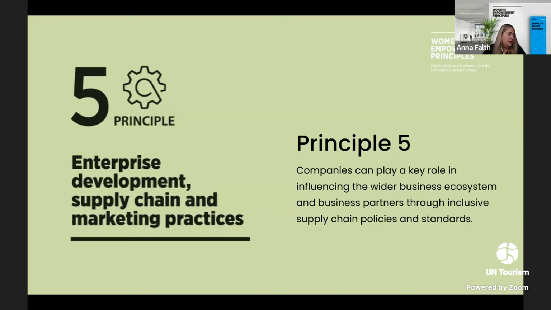Principle 5 is one that I feel is often left out of the discussion, so I hope we can go into a little bit more of that. It is engaging with your business partners.